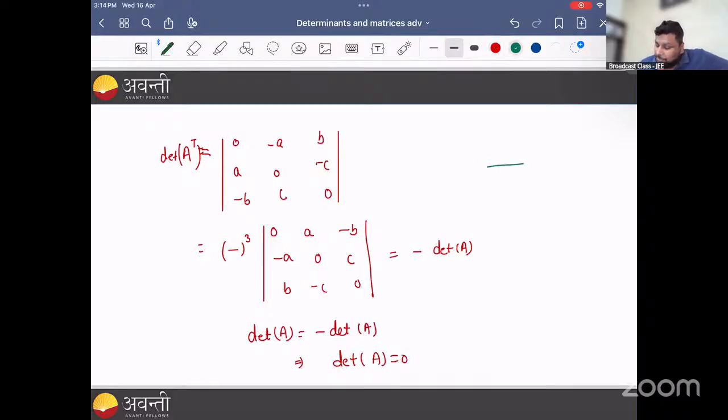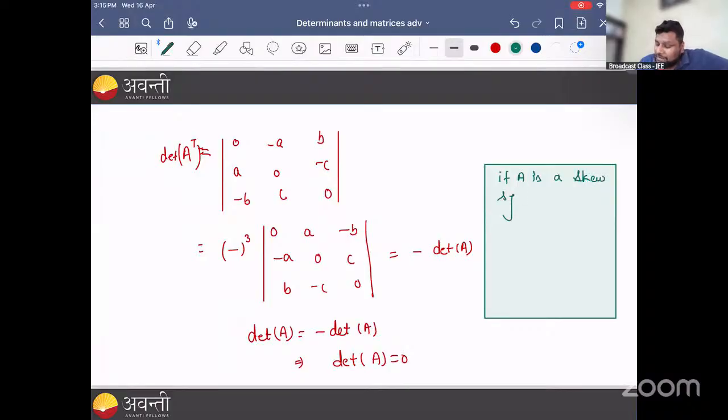So the main property behind it is, if A is a skew symmetric matrix of odd order, then determinant of A will be 0.